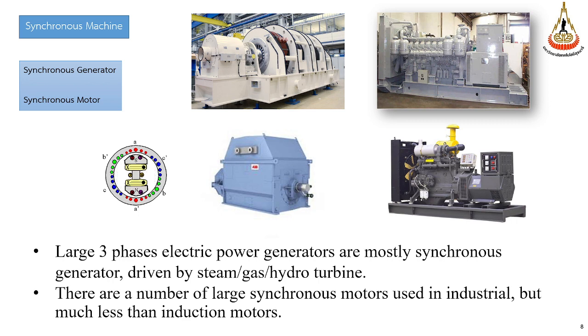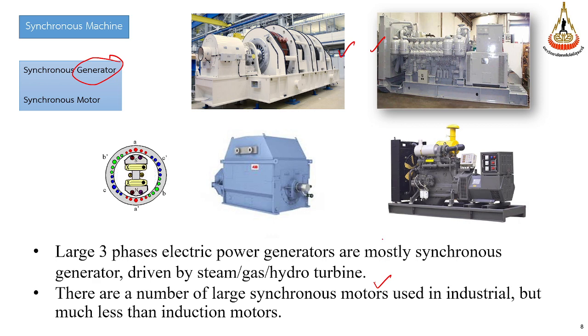Usually we use it for large machines, large generators and large motors. Most synchronous machines are used as generators, right? Large three-phase electric power generators are mostly synchronous generators driven by steam, gas turbine or hydro turbine.